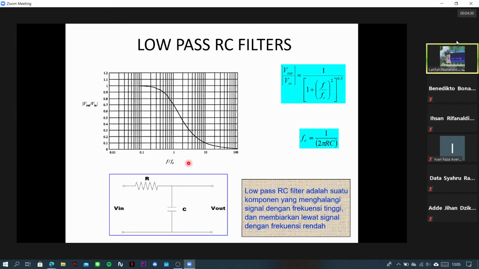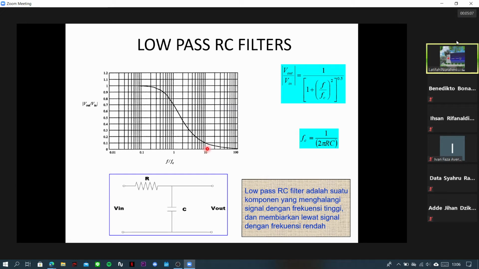The horizontal axis is the ratio between the frequency that we want and the critical frequency. We can see that as this frequency ratio gets higher, the ratio of output to input voltage gets lower.